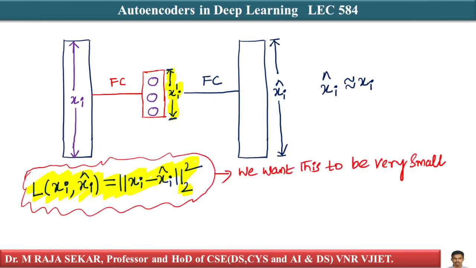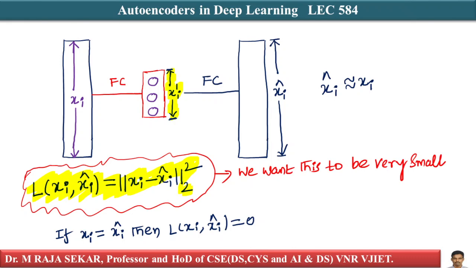I want this to be very small. If xi is exactly equal to xi cap, this loss function, which is sort of like the distance between xi and xi cap, is exactly equal to 0, that is L equal 0.